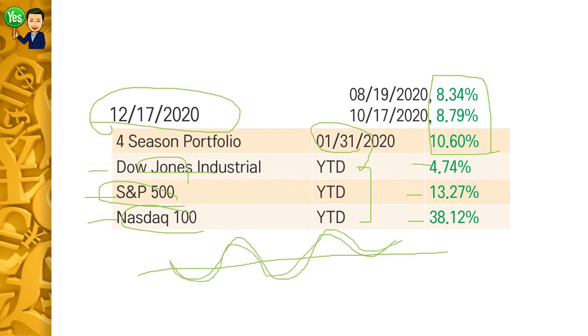They follow the economic cycle more, especially the Nasdaq, which is probably more sensitive to the economic cycle, then the S&P 500, and then the Dow Jones. So you can invest in the Nasdaq or S&P 500 and enjoy your roller coaster, or you can choose the 4-season portfolio and go in one direction, up slowly.